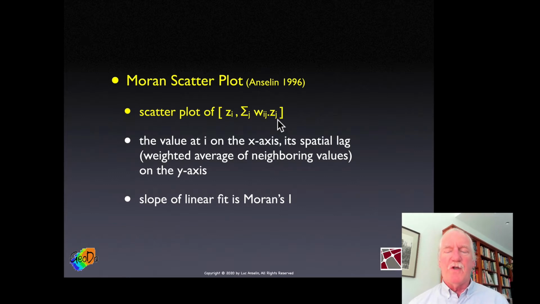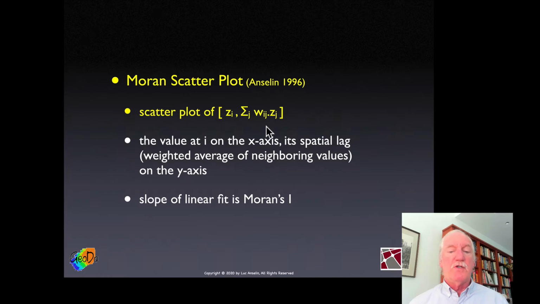Those of you who may have done some time series regression may think of an autoregressive model where you regress the observation at some time on the past, or here it would be at a location on its neighbors. In fact, it's the reverse. It's flipped around. So the dependent variable is the average of the neighbors. The explanatory variable, the x variable, is the value itself.